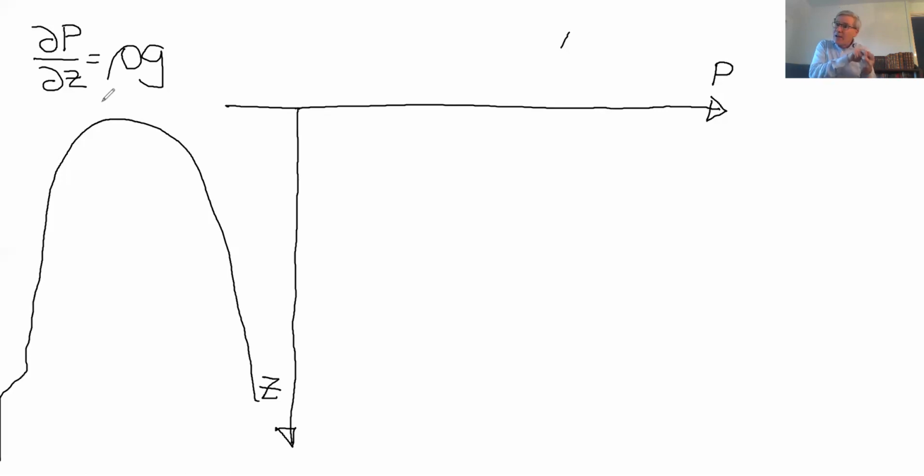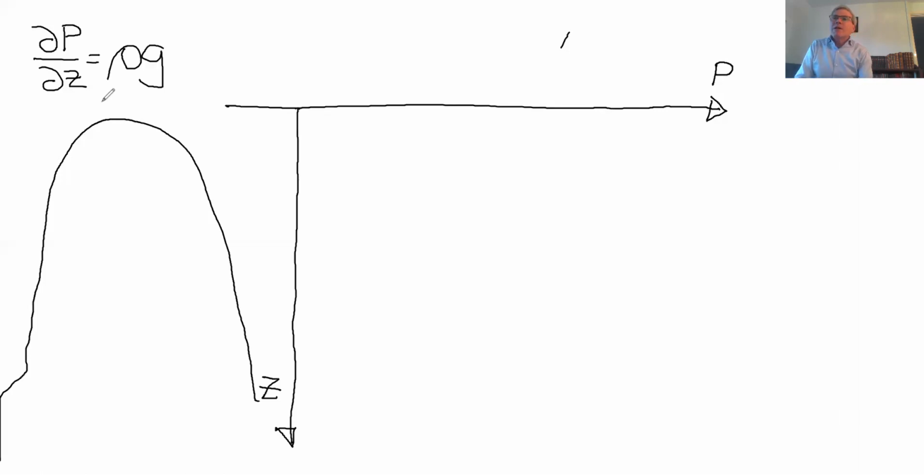The rock itself has a pressure, and that's essentially the weight of the rock above it. So typically a higher pressure because rock is denser. So there is a rock pressure and a fluid pressure, and those are distinct. The one I'm going to talk about, because I'm interested in fluids, is the fluid pressure.